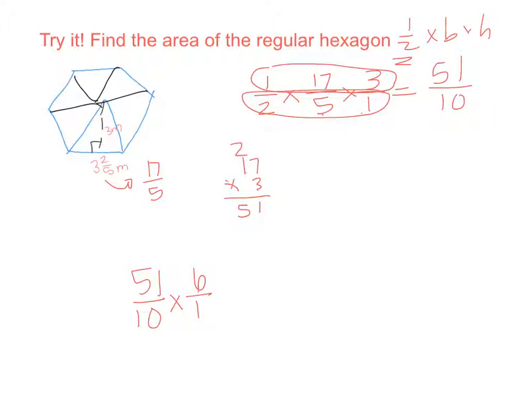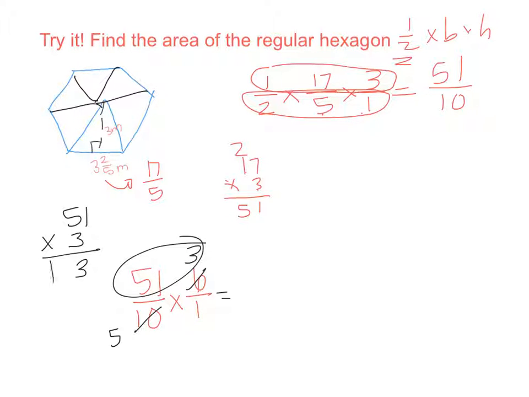So 51 times 6. Actually, before I do that, I'm going to do some cross canceling. Look at this. I'm going to take a 2 out, which makes my numbers a little bit smaller. Now I'm going to do 51 times 3, which is way easier. 153. 5 times 1 is just 5.